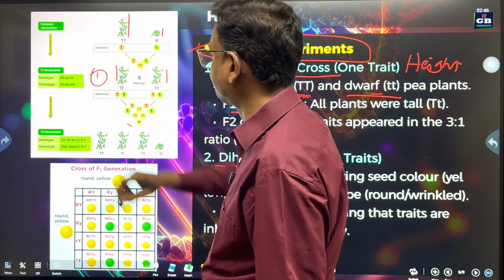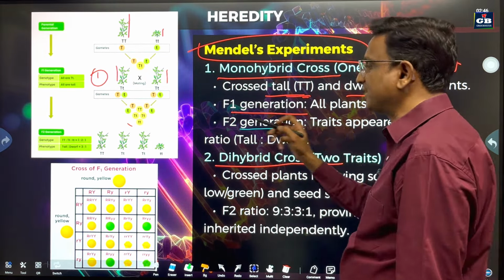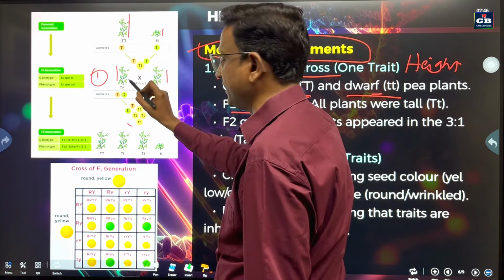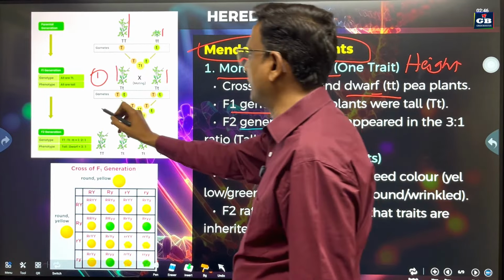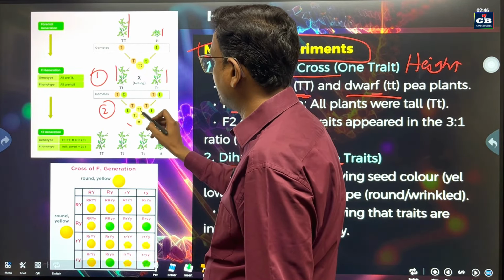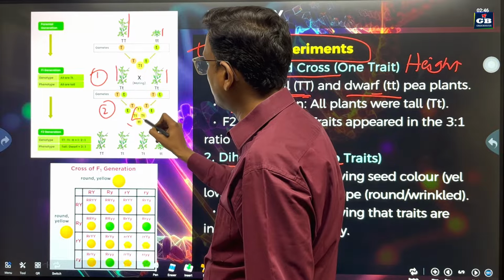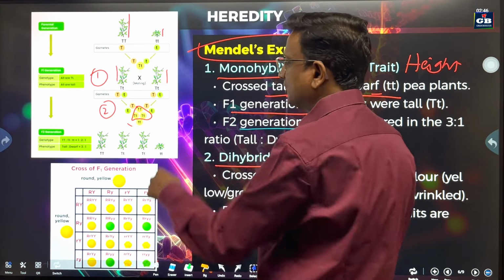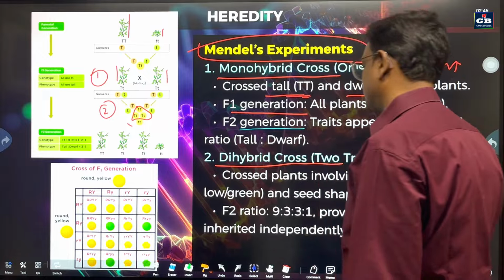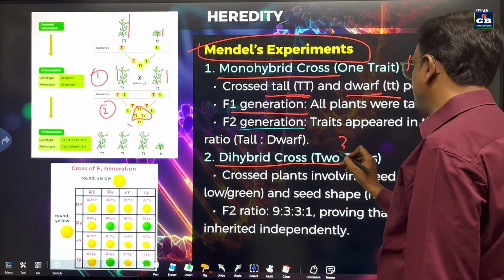Now the F2 generation: again he crossbred these two F1 generation plants. In the second generation, you see out of 4, 3 are tall, 1 is short. So a 3:1 ratio.